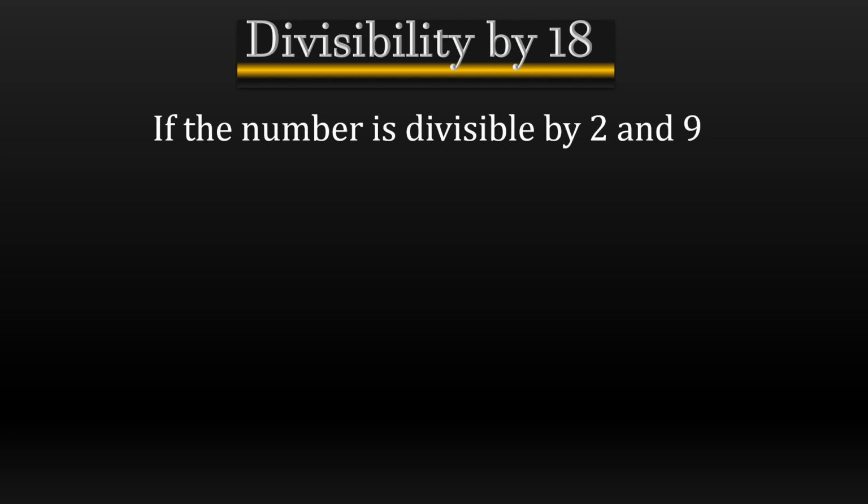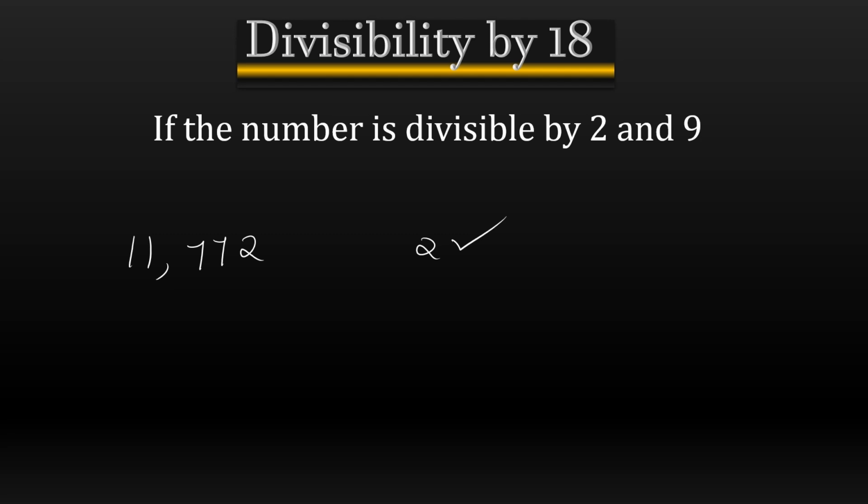Divisibility by 18. If the number is divisible by both 2 and 9, we can say that the given number is divisible by 18. Consider the example 11,772. 2 is an even number. The last digit of this number is 2, hence it is divisible by 2. What about 9?